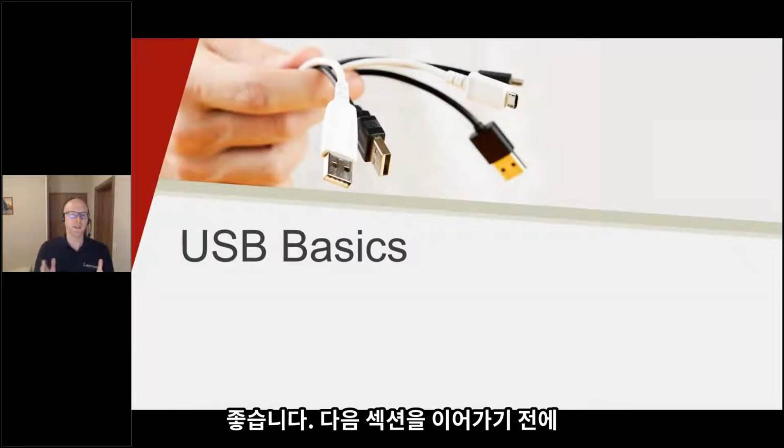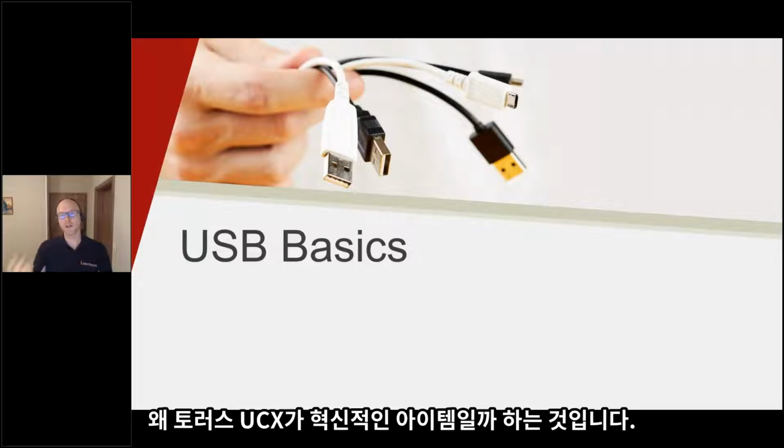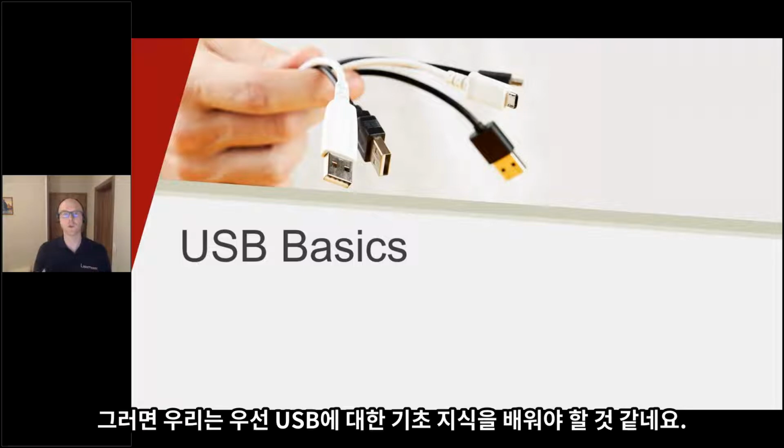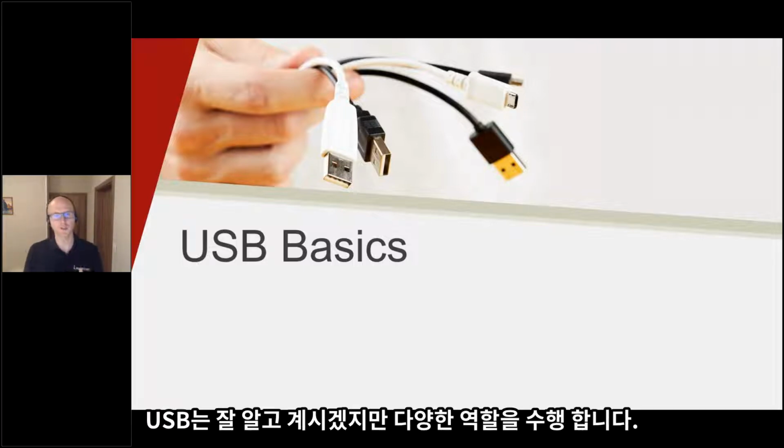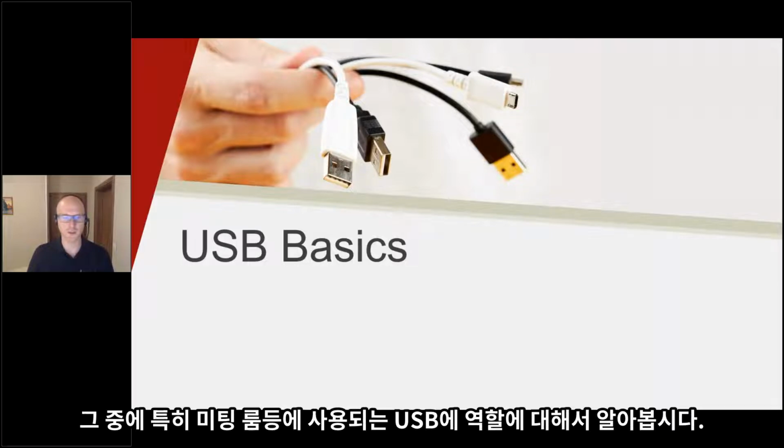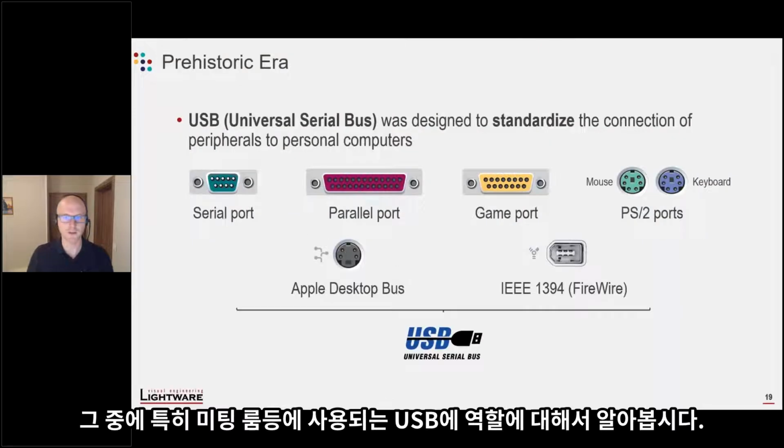All right, so before we can talk about why Taurus UCX is such a revolutionary device, we need to go over some USB basics, because USB dates back for many decades and it can do a lot, and we need to discuss the things that are specific to meeting room environments.